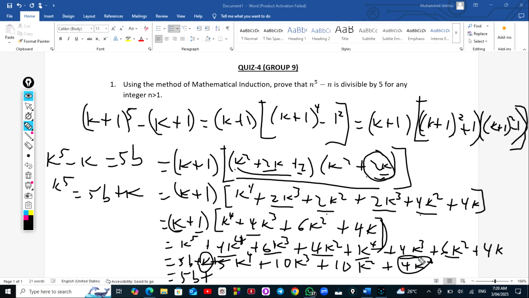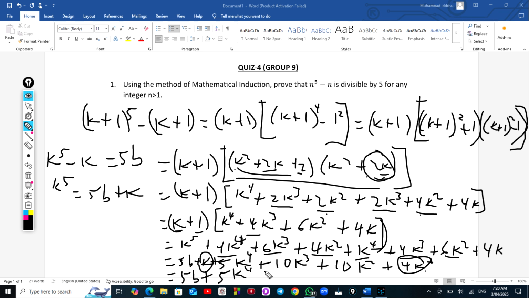So you see that all we just maintain this, the difference or the impact is just on the k, this 4k. That will be the only term to be increased.